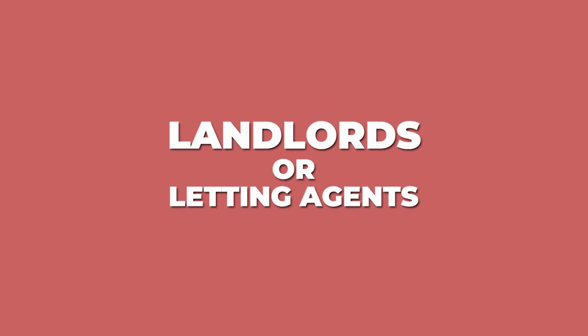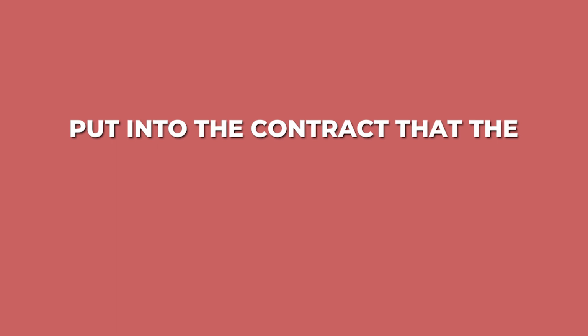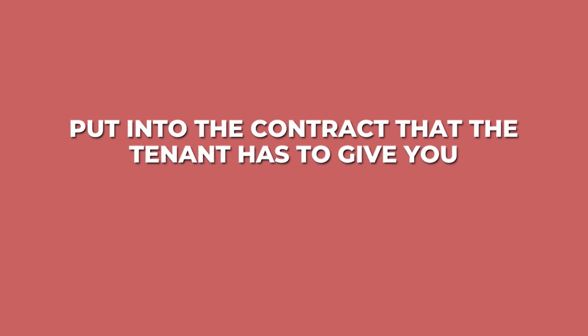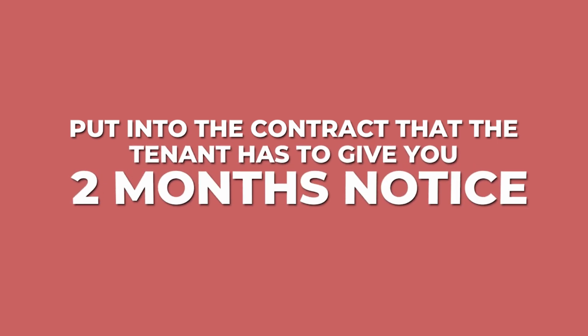Another really common one that I have seen, and is arguable, is where landlords or letting agents put into the contract that the tenant has to give you 2 months' notice, or the tenant has to give you 1 month's notice.